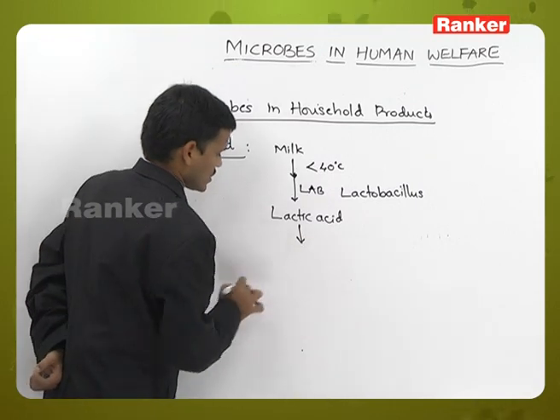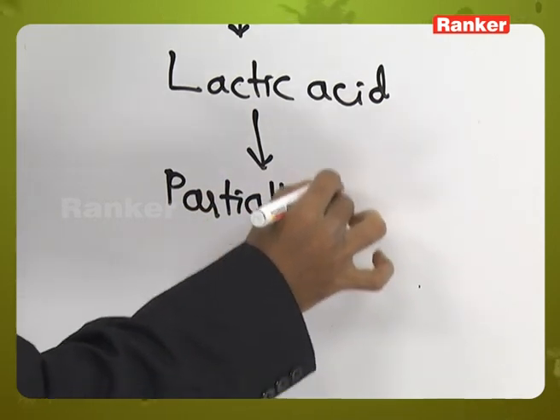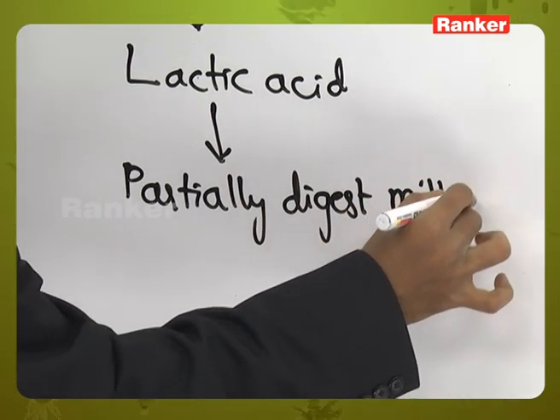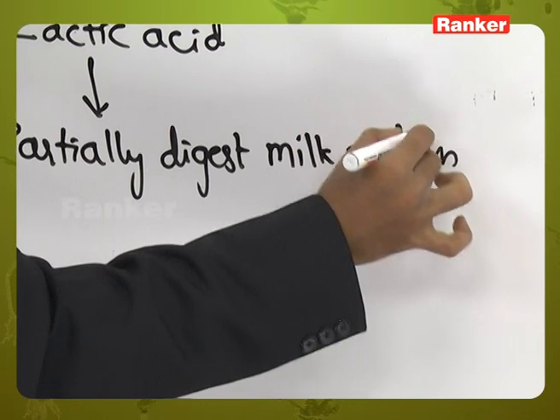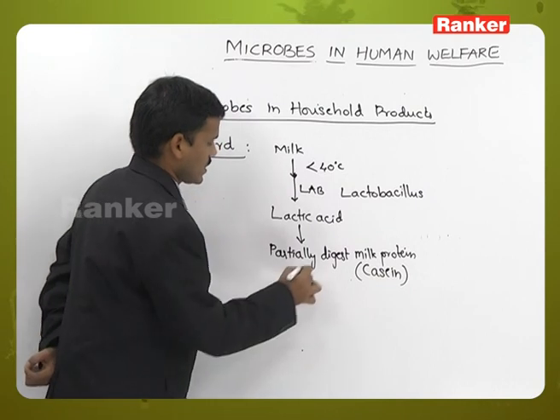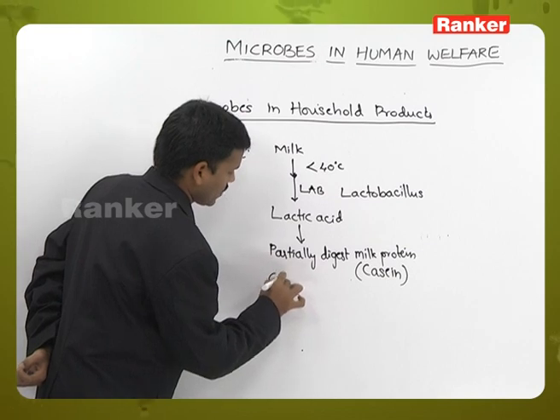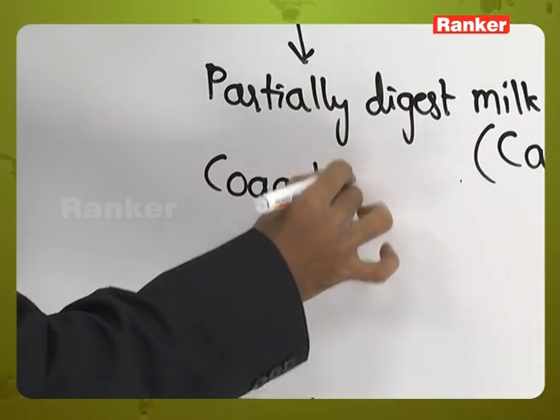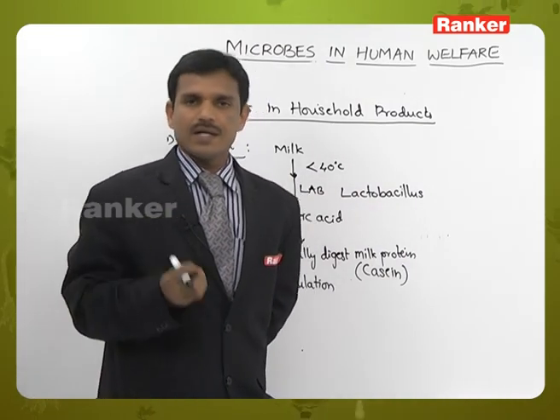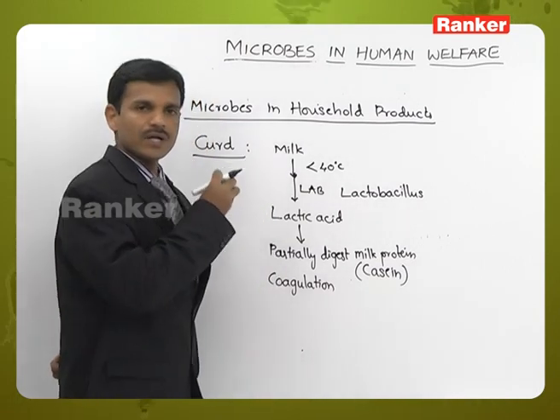At a certain temperature, at or below 40 degrees centigrade, the milk is converted into curd.